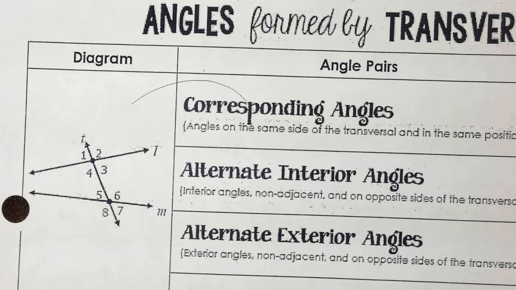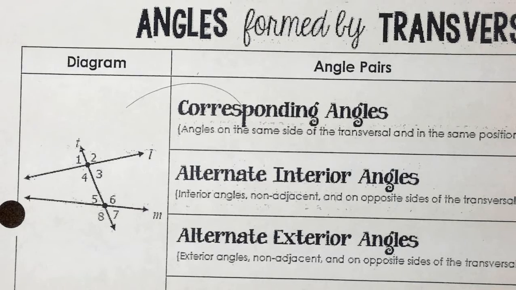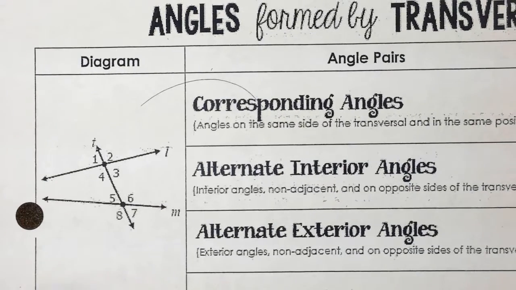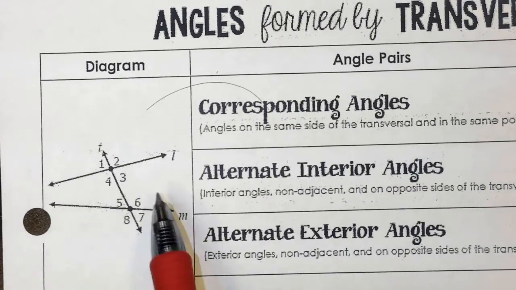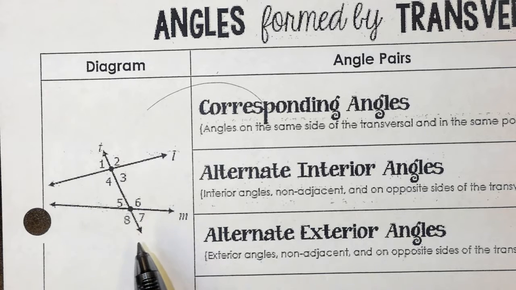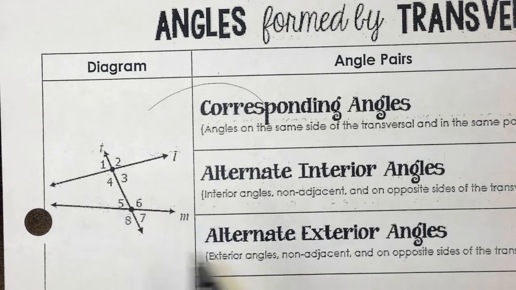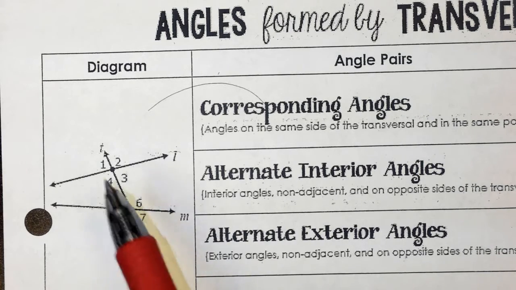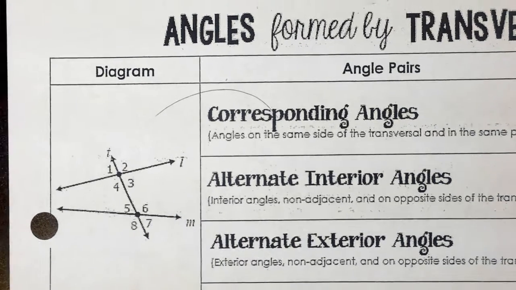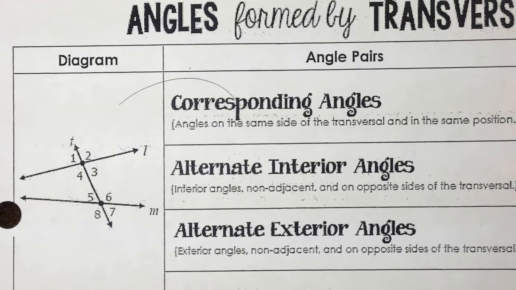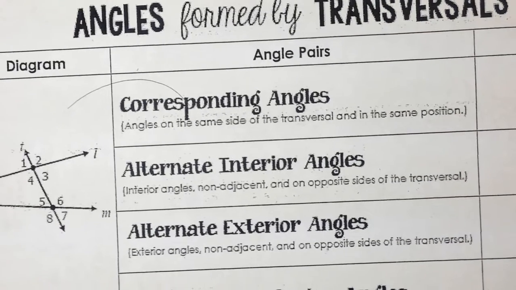Corresponding angles are angles on the same side of the transversal and in the same position. So in this case here, you got line L and M, and then you got transversal T coming through and splitting those two lines. It creates 8 different angles here. These angles have relationships. The first one is a corresponding angle relationship.